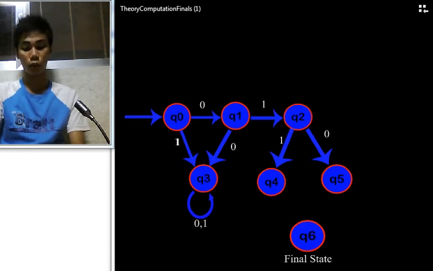State Q4 is our receiver of string 1. If this state receives string 0, this state should pass its transition arrow with alphabet of 0 to our receiver of 0 string. And that is our state Q5.